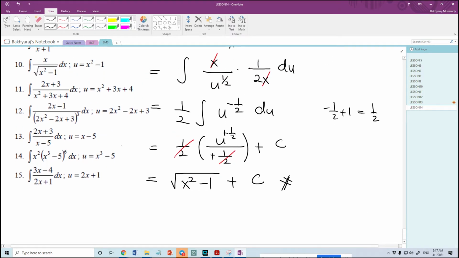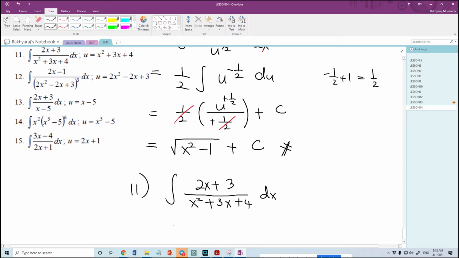Okay, so integrate 2x plus 3 divided by x square plus 3x plus 4 dx, and given u is equal, okay, u is equal x square plus 3x plus 4.